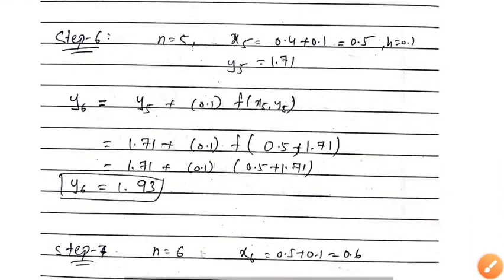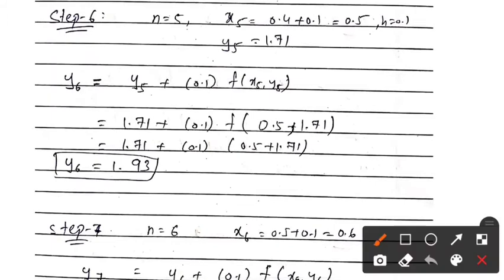In the same way, we'll move towards step 6. Your step 6 is x5 you are getting as 0.5 and y5 you have obtained is 1.71. Putting n equal to 5 in Euler's equation, you get y6 equal to y5 plus 0.1 into f of x5 y5, right?